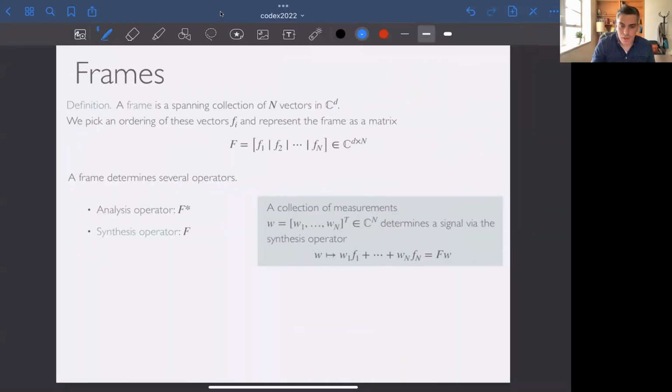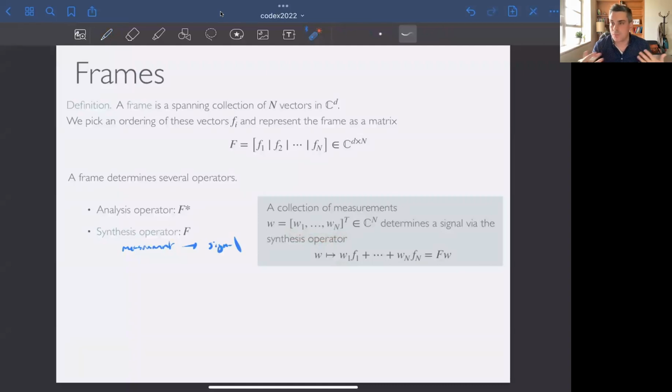On the other hand, we can of course go the other way. Going from measurements to signals is just the matrix F. Here I'm given a vector of coefficients, which I think of as coming from some measurements of a signal. Then I can take those as coefficients in this linear combination. That amounts to doing F times w.